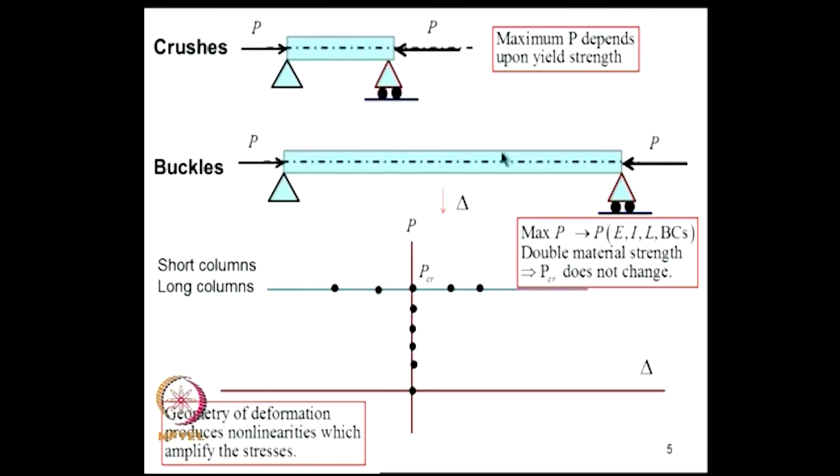Whereas, if the length of this column becomes large, this beam element becomes large and we go on increasing P, if we ask now what is the maximum P that this structure can carry, it depends on, as we will see shortly, not just the yield strength of the material, but on Young's modulus, area moment of inertia, length, boundary conditions and so on and so forth. Now, for this type of structure, even if you double the strength of the material, the highest load that the structure can carry may not change.